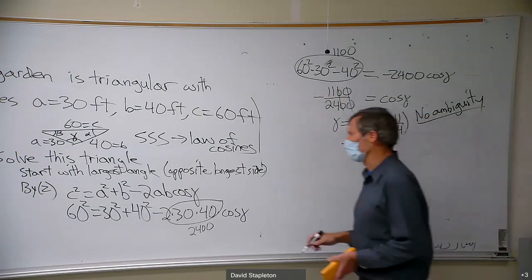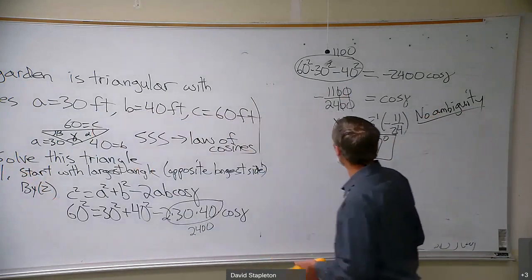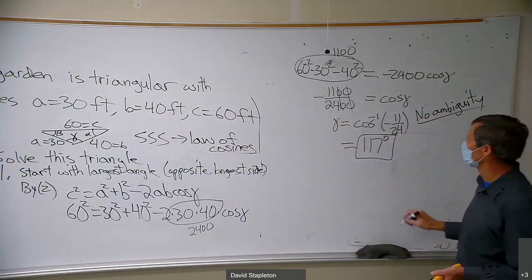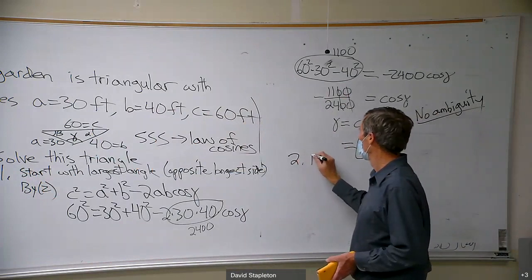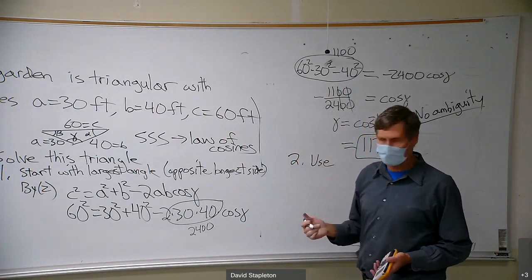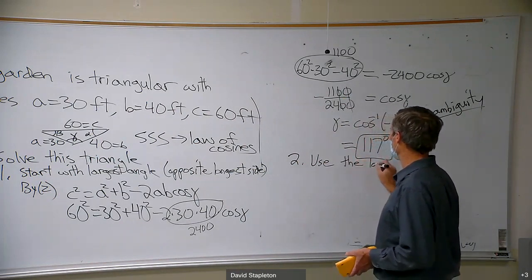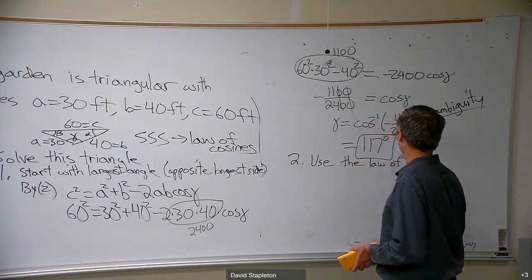I'll call that step 1, right? Solve this triangle. Start with the largest angle. Now I've got 2 more angles to find. So how can I find another angle? Now I've got 2 tools in my tool shed, right? I can use the law of sines or the law of cosines. It doesn't matter. They both work.